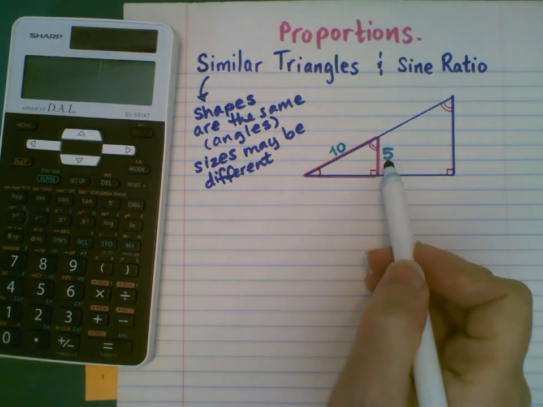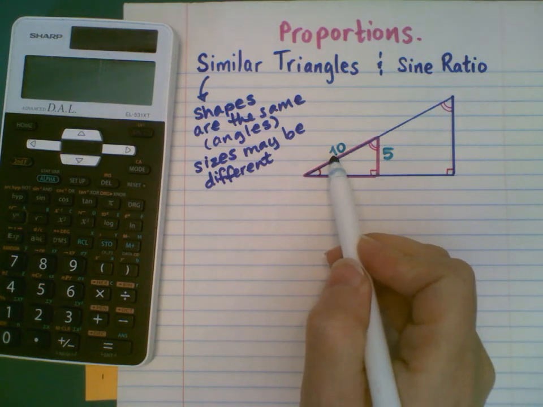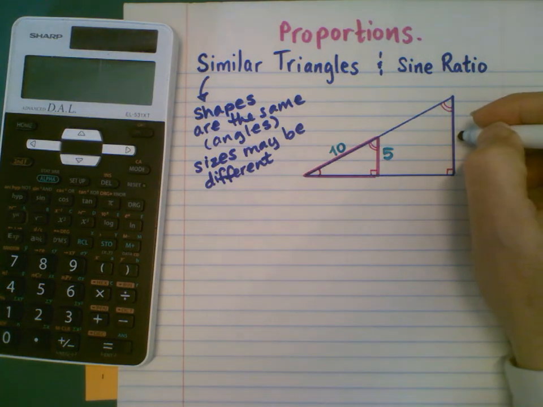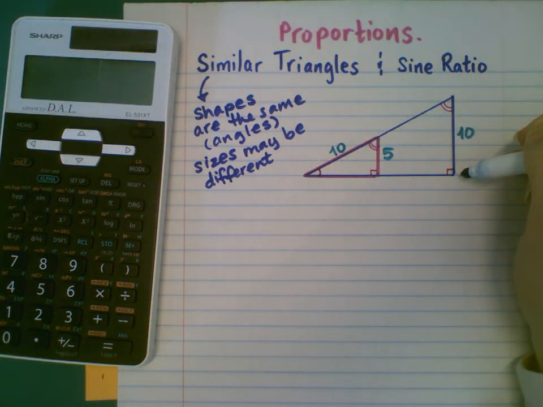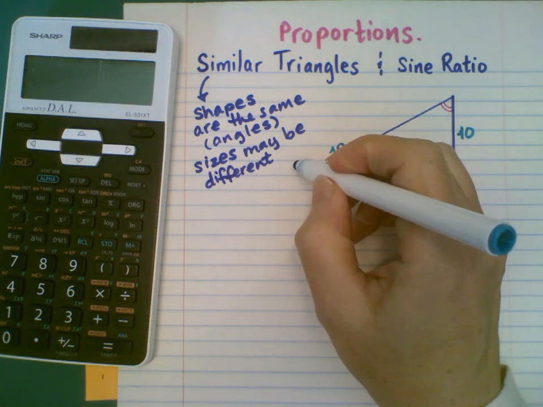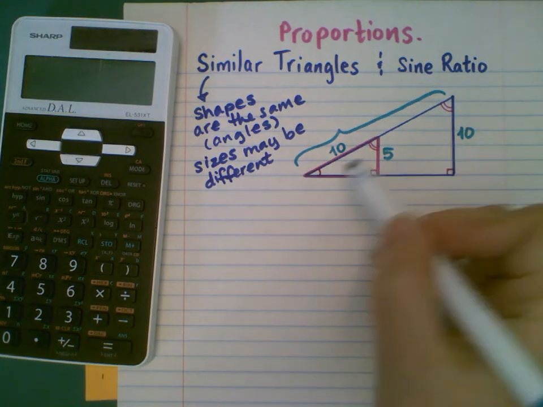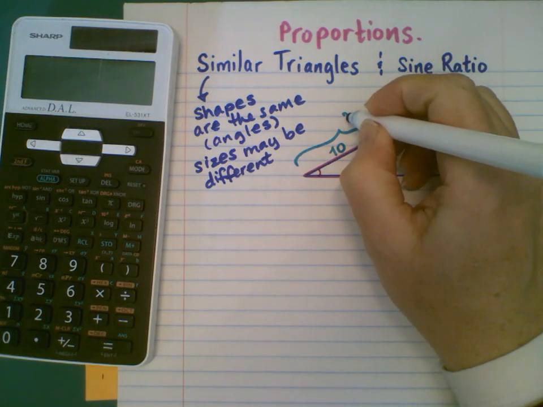So the relationship between the shorter leg and the hypotenuse, you can see that the hypotenuse is double. Well, the larger of the two triangles, its height is 10. So based on that proportionality of the hypotenuse being double, 10 is 20.